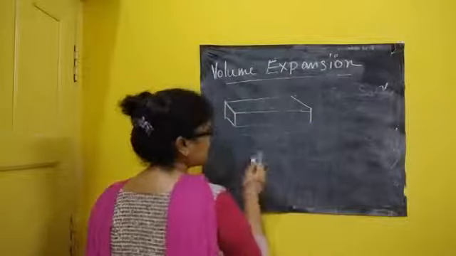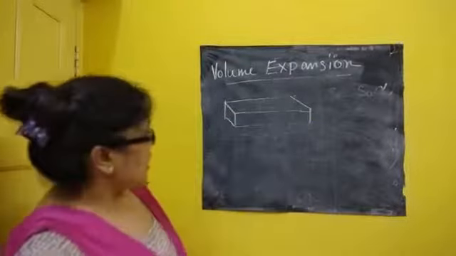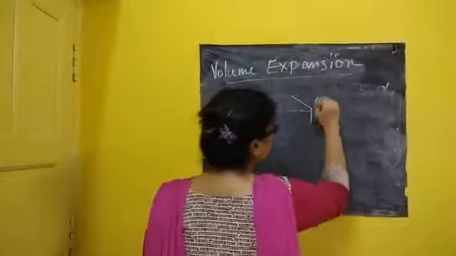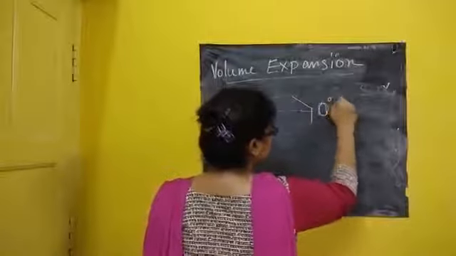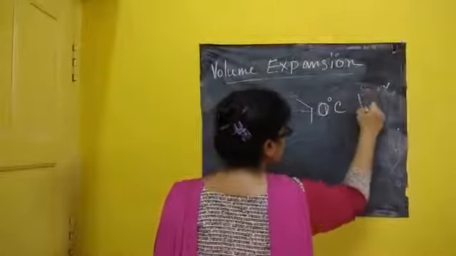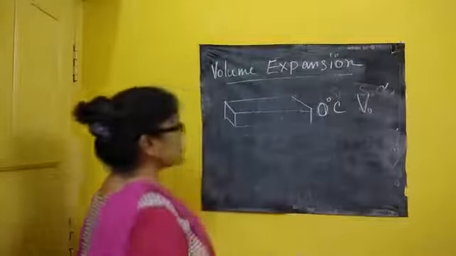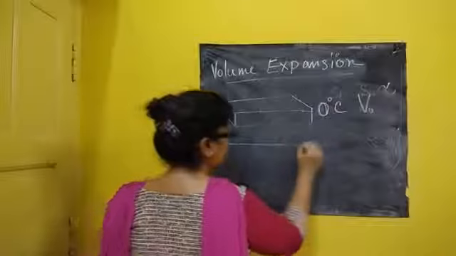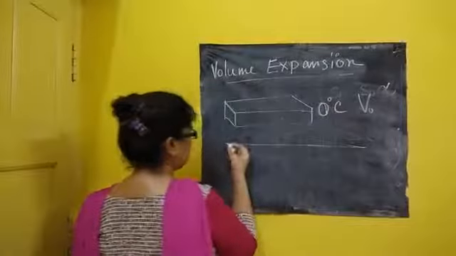I'm not going for explicit discussion. I'm just, as a whole, considering that at 0 degrees Celsius the volume of this substance is V0. Clear? And at T degrees Celsius, the volume of the substance will change.